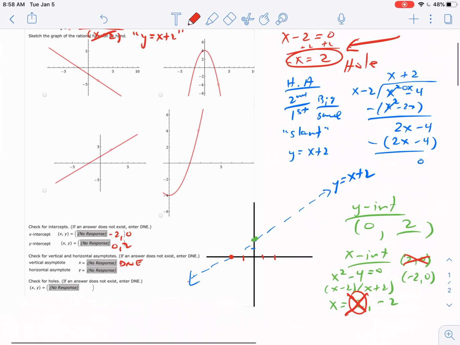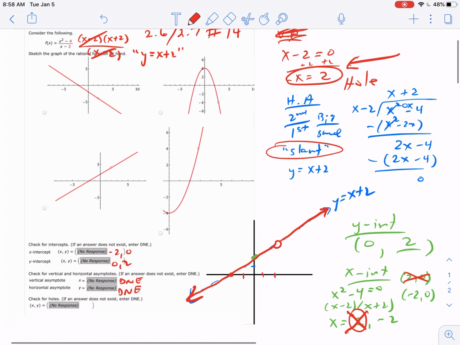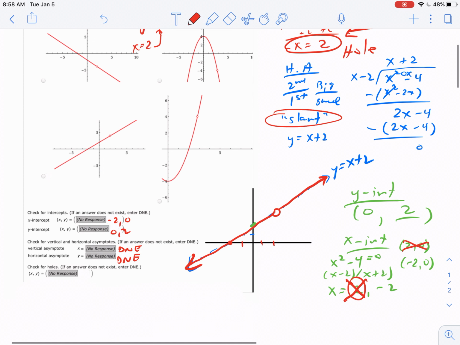So when I graphed it, I would have gone like this, and I would have put a hole in my graph. And then the horizontal asymptote, again, no horizontal asymptote. We came up with a slant, so that's DNE. And then where does that hole occur? Well, if you think about it, when x equals 2, it wants to be at 4, so the hole would be at 2, 4.